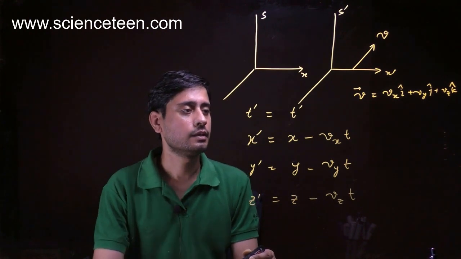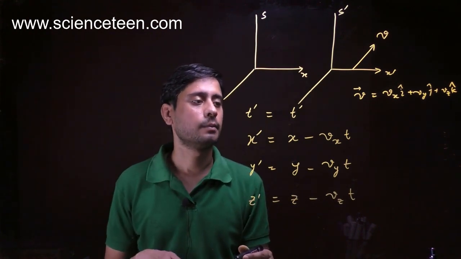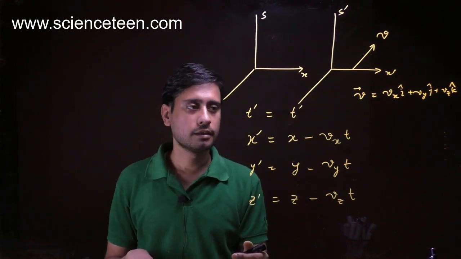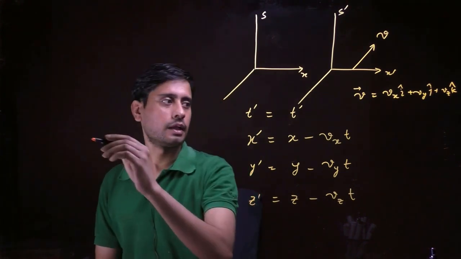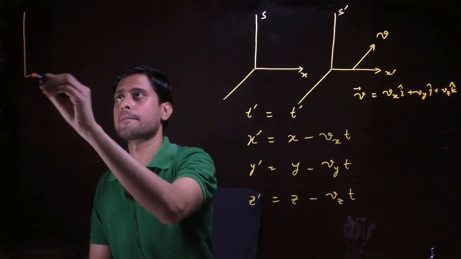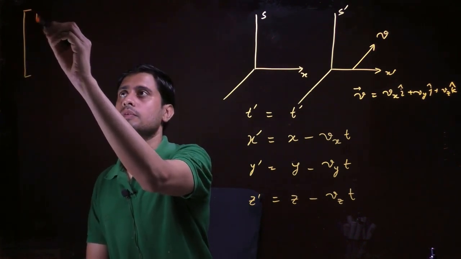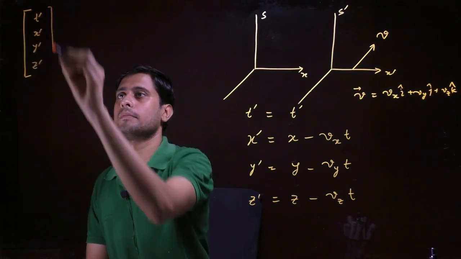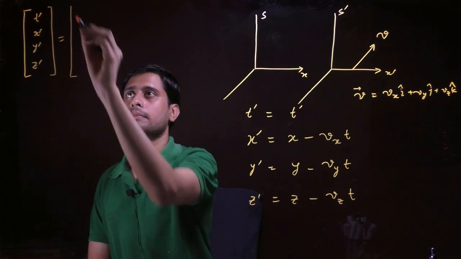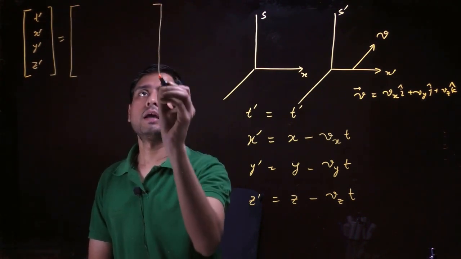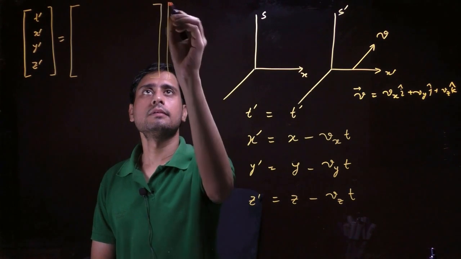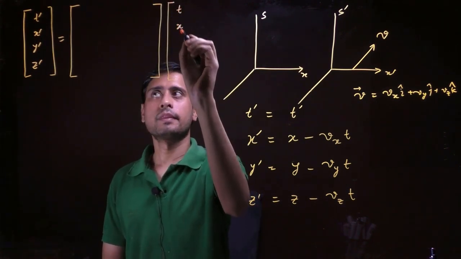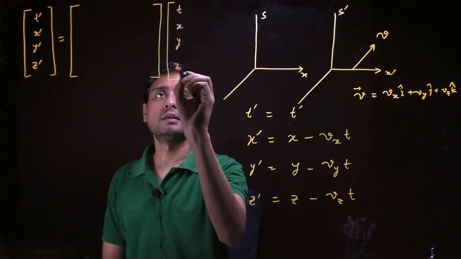So now you are seeing that the Galilean transformation has been applied in all the three axes. Now we will write it in a matrix form like this: t prime, x prime, y prime and z prime. We will always be in the habit of writing these things in matrix form: t, x, y and z.